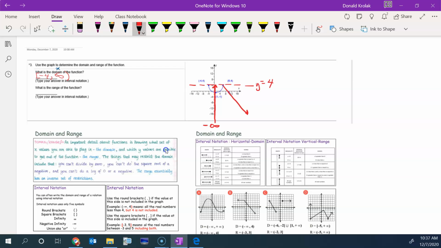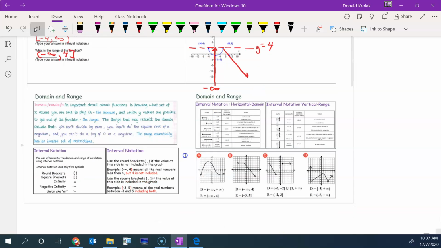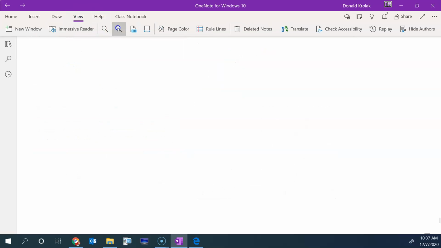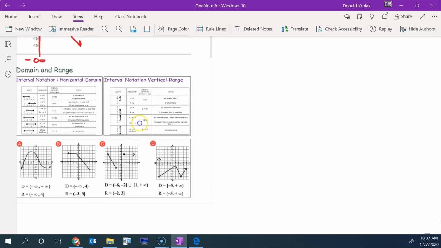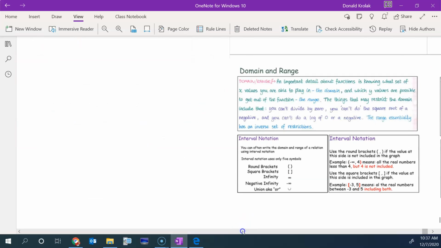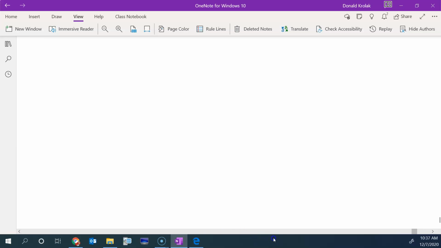So my range is going to be from negative infinity, that's with a parenthesis, up to and including 4. And that's our domain and range. And below it are some of the notes that we did that are in that function.